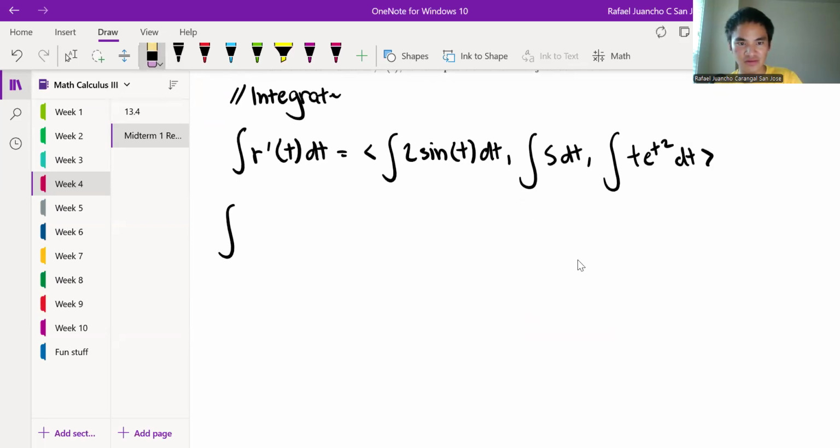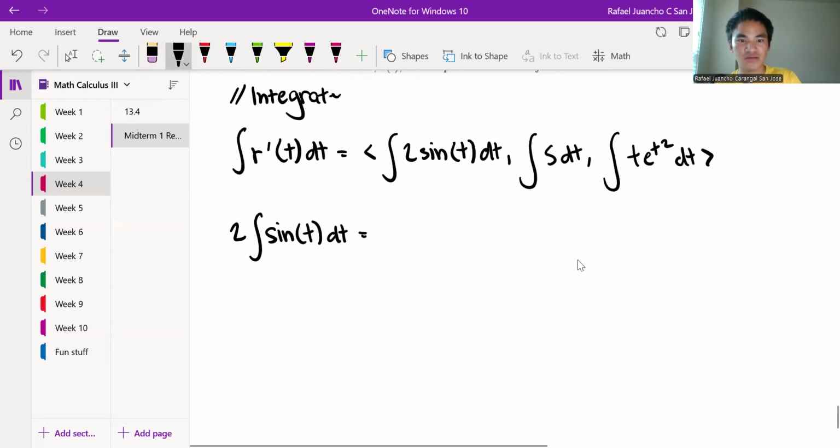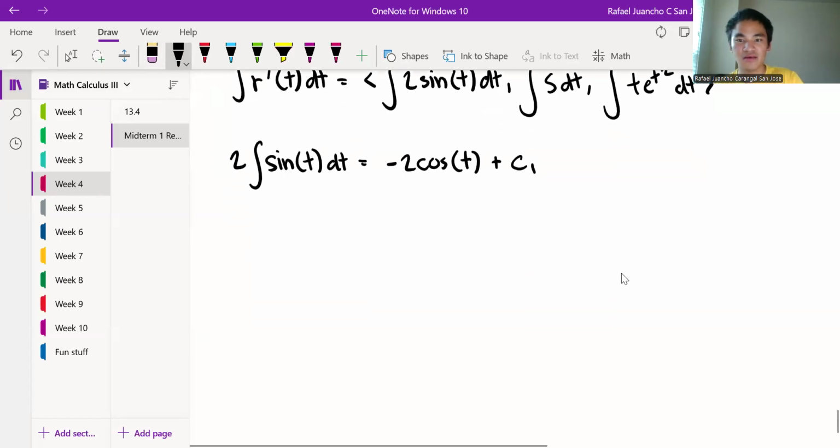So we can take out that 2, and we have sine of t dt, and we can see this is just minus cosine. Minus 2 cosine of t plus some constant, so let's say c1. And then we have a 5 dt. Well, this is just 5t plus c2.